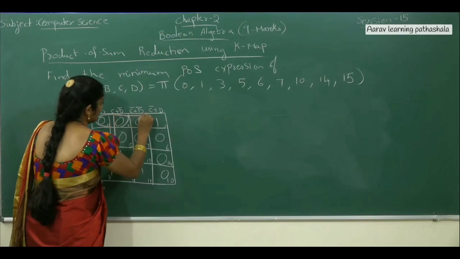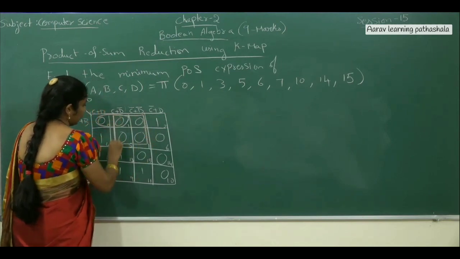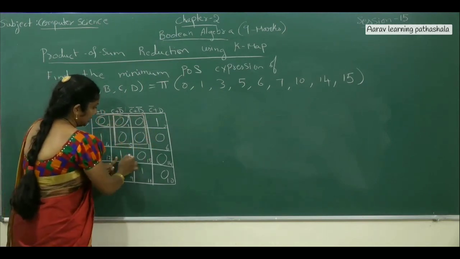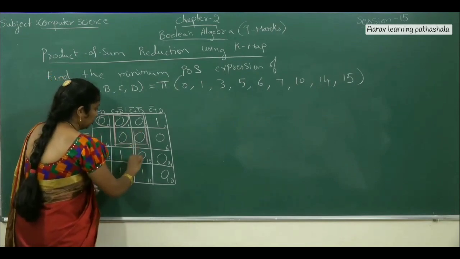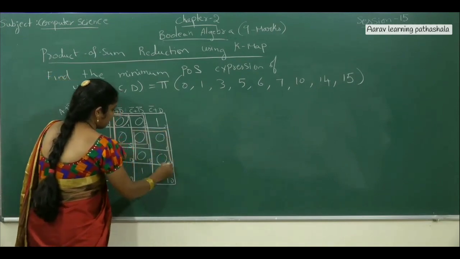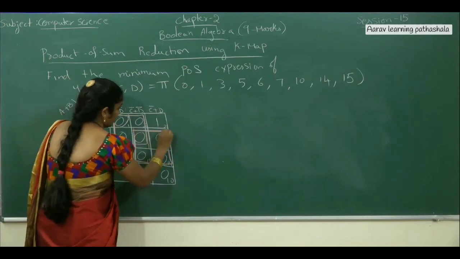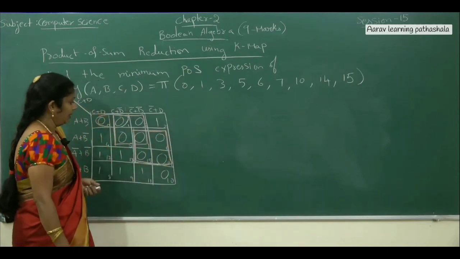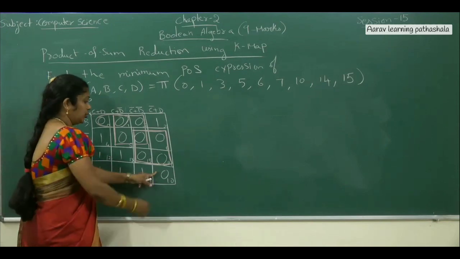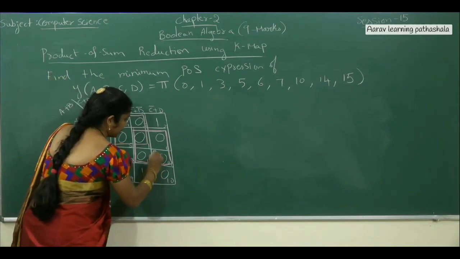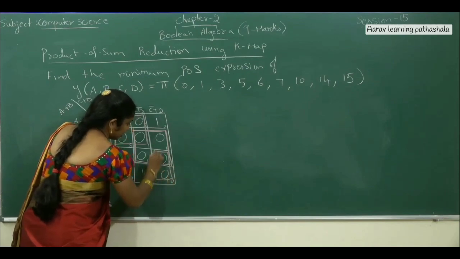Quad is possible here. Once again check, is it possible to make a quad with any variable? No. Then take one more quad. Next, here there is only one 0. Then don't take a single, make it a pair. This is the pair.